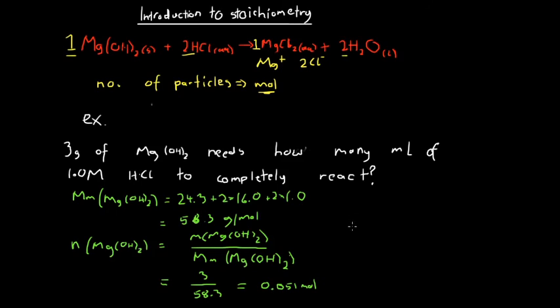Okay, so we know that the mole of hydrochloric acid is going to be 2 times the mole of magnesium hydroxide. We've obtained that knowledge from the equation and the ratios of the coefficients.